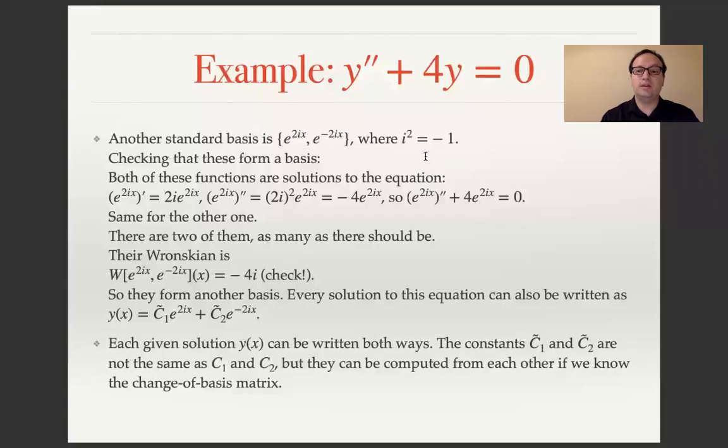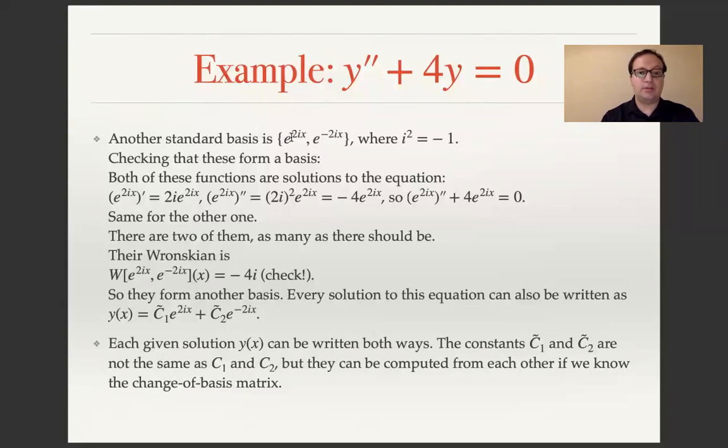Okay. In addition to this standard basis made of sine of 2x and cosine of 2x, it turns out there is another standard basis for this equation made of e to the power 2ix and e to the power minus 2ix.